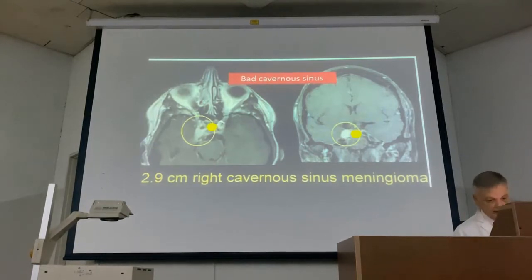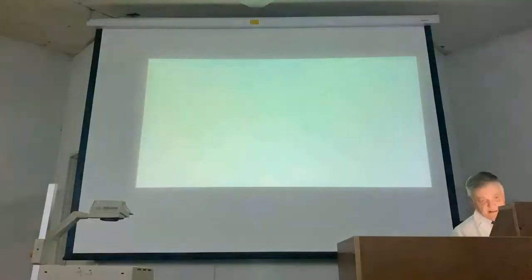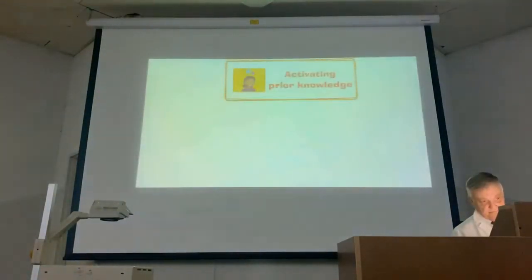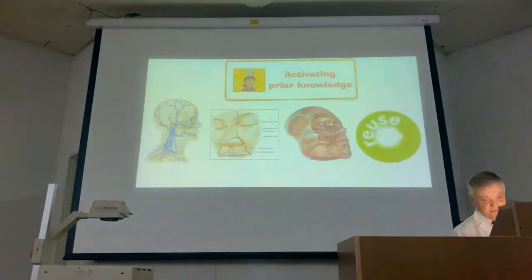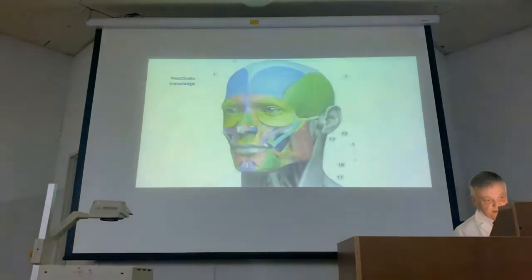That's how we detect problems in the cavernous sinuses. X-rays don't tell us a lot. So you need to activate your knowledge of the venous drainage of the face, the blood supply of the face, and muscles of the face, because we are going to use it.